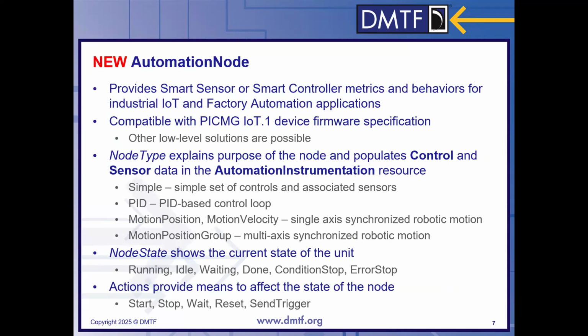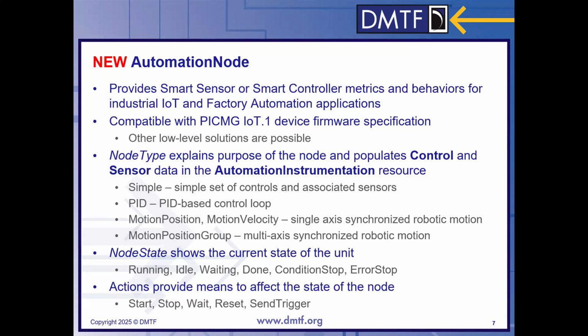So within the new automation node resource, it provides all the smart sensor and smart controller metrics and behaviors that align with the industrial IoT and factory automation applications. This was designed to be compatible with the PICMG IoT.1 device firmware specification.